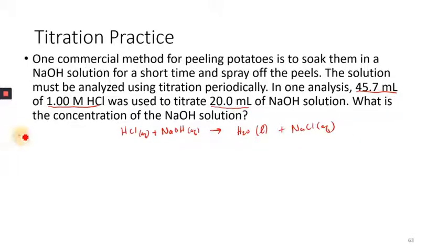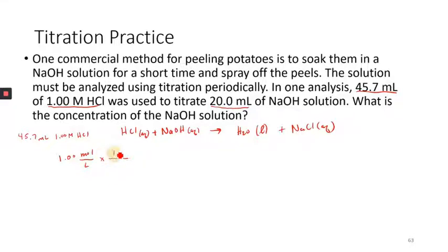So what do we know? We know we have 45.7 milliliters of 1 molar HCl. So let's use this information to calculate the amount of moles of HCl. Let's start with our molarity. Remember, molar is just moles over liters.